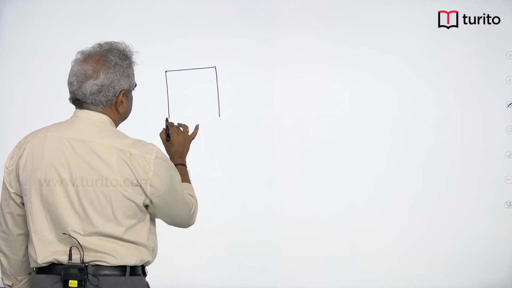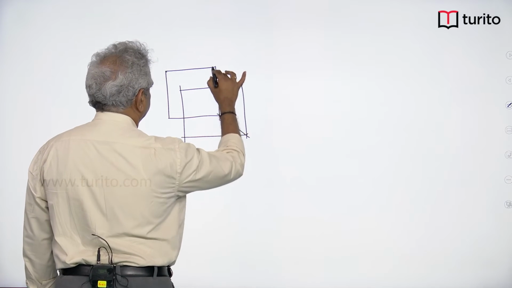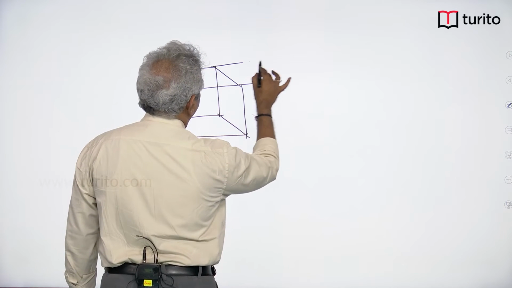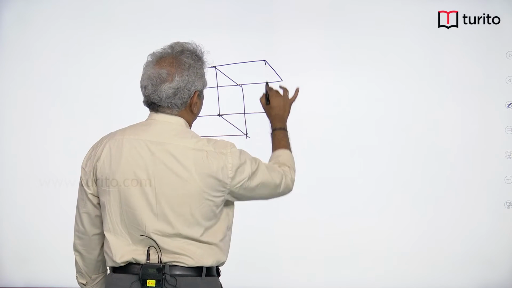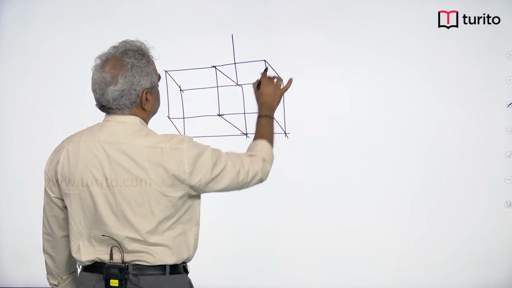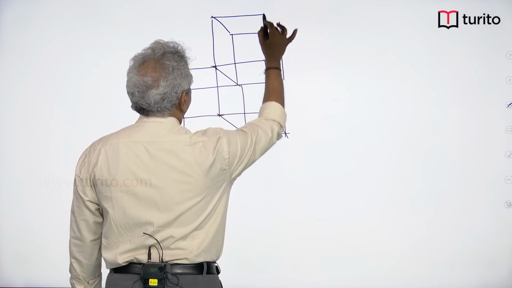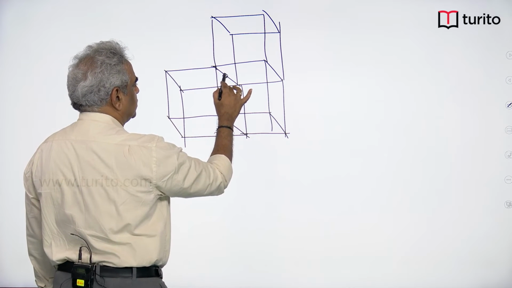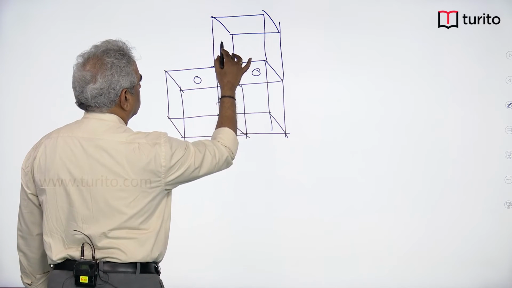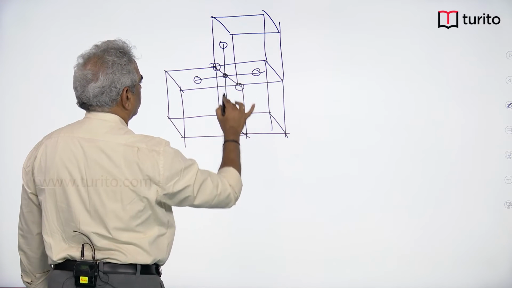We will go in a small unit cell like this. I will extend it to the next unit cell, the top unit cell. If I take this edge, on the top face and bottom face, this corner is making an octahedral void.